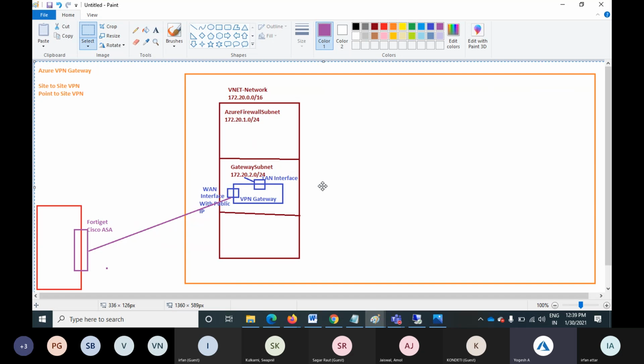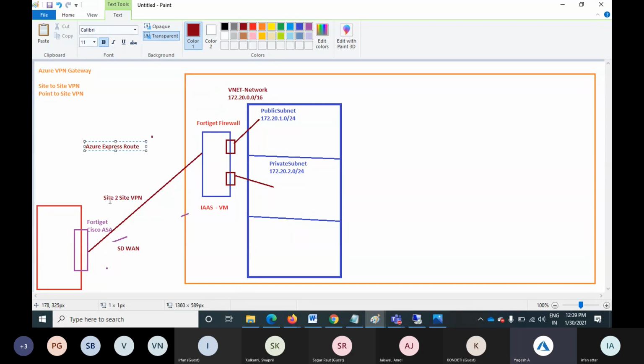If you are planning to deploy ExpressRoute between your on-prem and the cloud, which is dedicated connectivity, in such scenarios you should have a VPN gateway. All the traffic will hit the VPN gateway by using ExpressRoute. We will discuss the ExpressRoute part later. But if you want to configure site-to-site VPN or SD-WAN, you can use third-party appliances, and you can use Microsoft appliances as well.